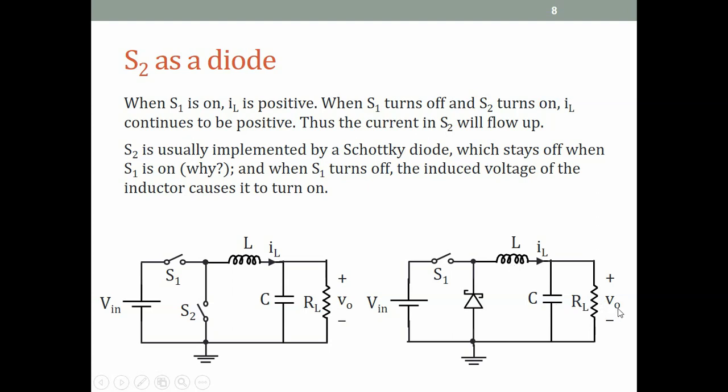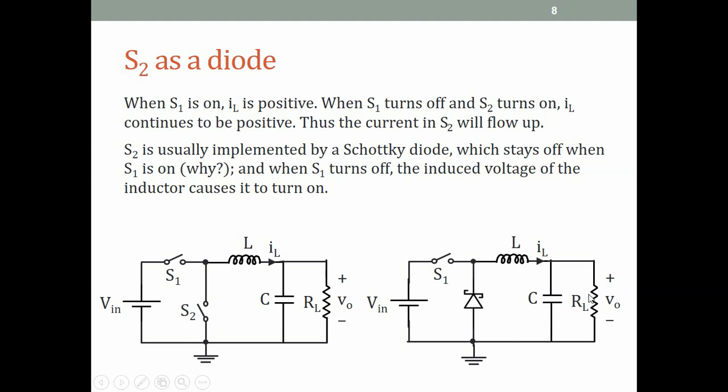Specifically, what will happen to VO as RL changes? You think about this. We discussed this circuit only briefly in the last lecture and this one, but we've discussed it in great detail last semester. So think about what happens to the nearly DC voltage VO if RL changes.